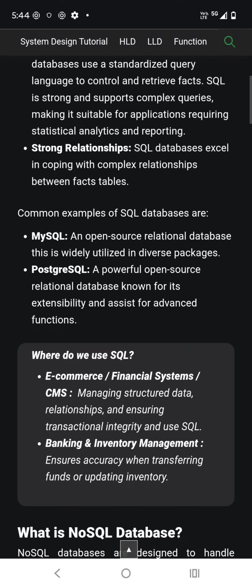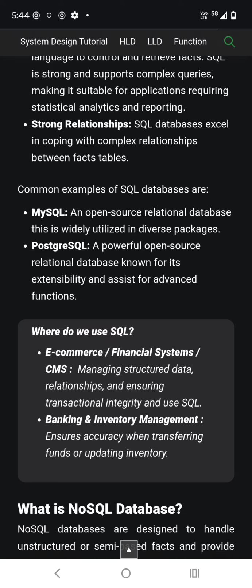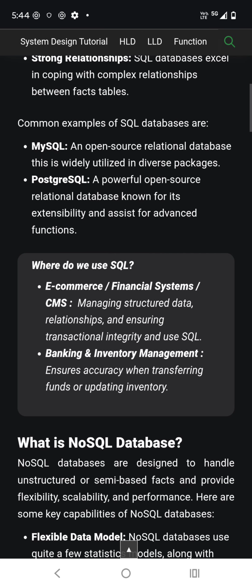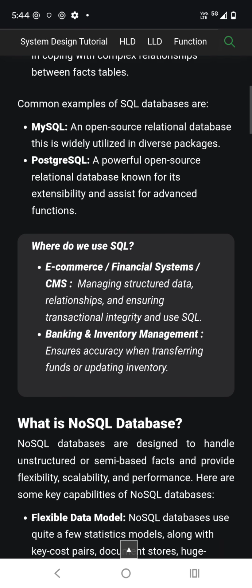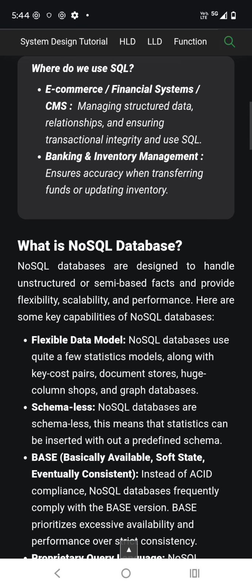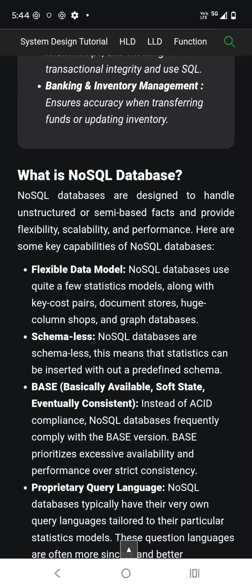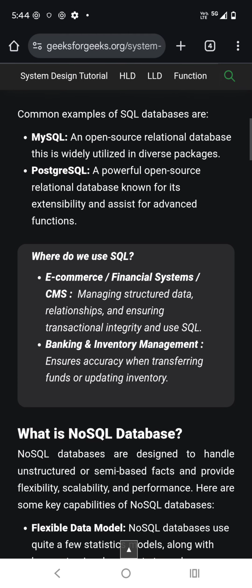Most banking and financial applications use Oracle database since they want to follow the ACID properties. They need consistency, they want durability. Whenever they are doing transactions, all the transactions should be stored without any break in the middle, so it is very important.